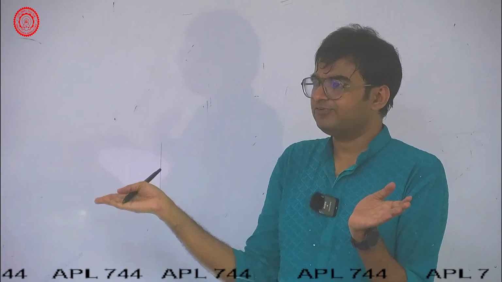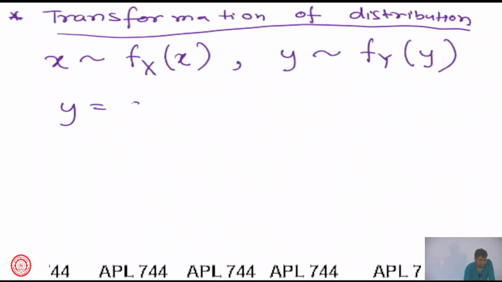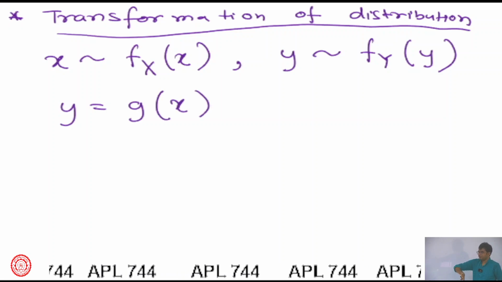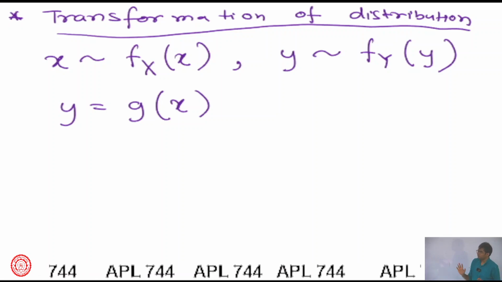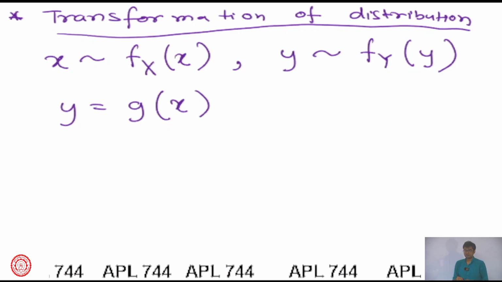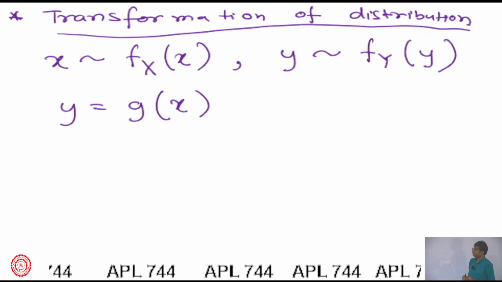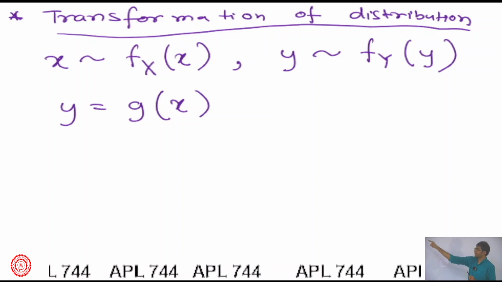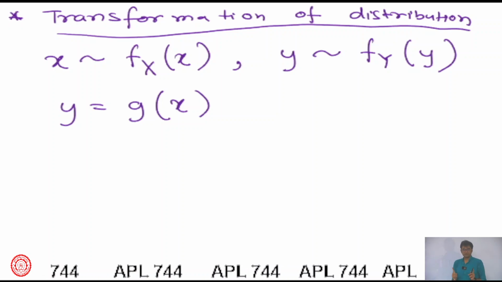So, I know how these two samples are related, and let us say I know that y is equal to g of x, where g is some known but non-linear function. Okay. So, now what I want is to find out the relation between f_X(x) and f_Y(y). Understood what I want?